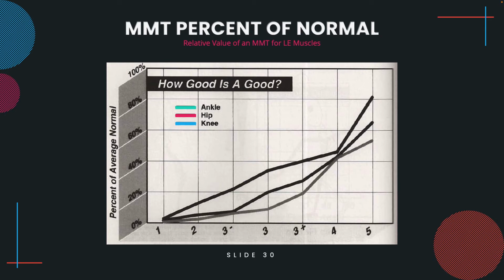And so we'll see that the percentage is better when it comes to knowing the percent versus an average normal on manual muscle testing. But it's still only about 80% of a maximal contraction. And so what we'll see is that manual muscle testing really is not able to identify the upper levels of normal strength.